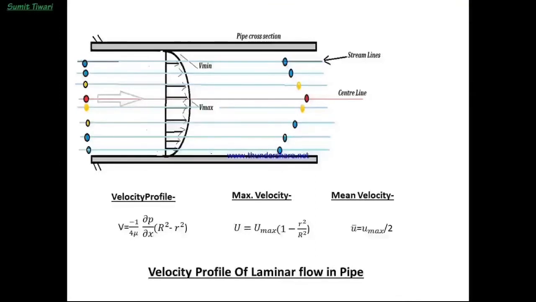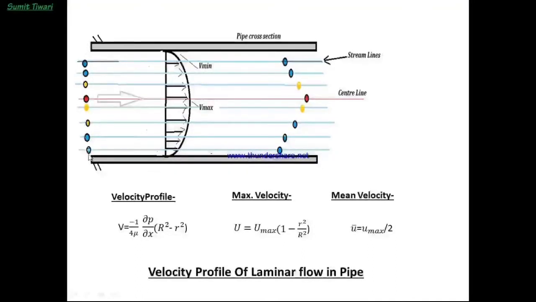These are the fluid particles which are moving in streamlines, because laminar flow is actually a streamline flow. The particles will move in streamlines and they do not move in a zigzag motion.